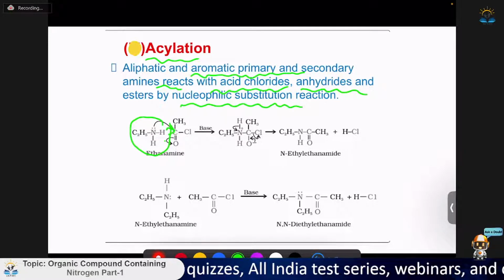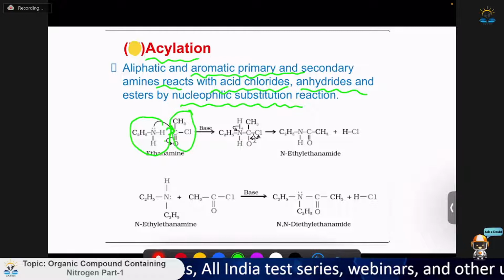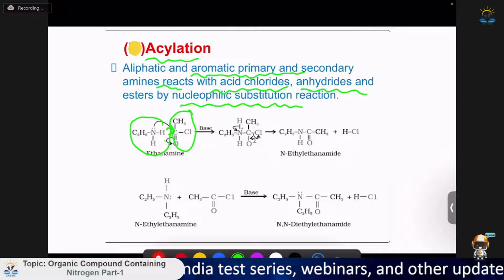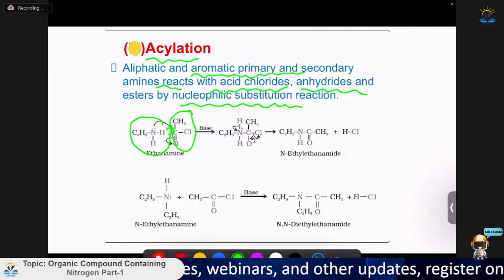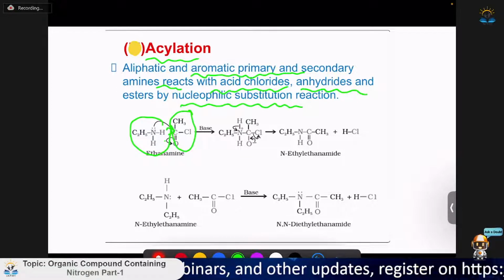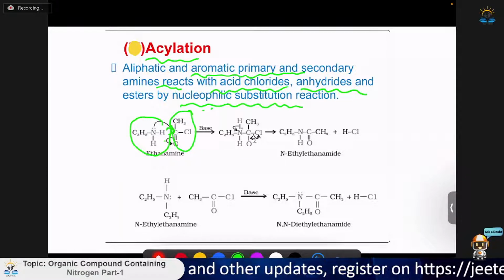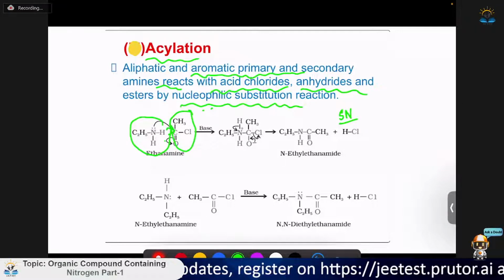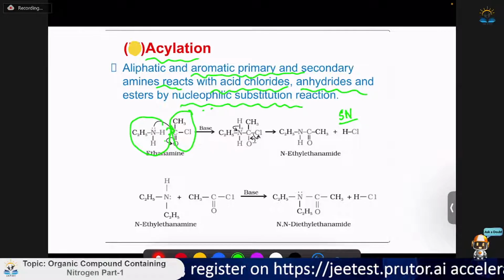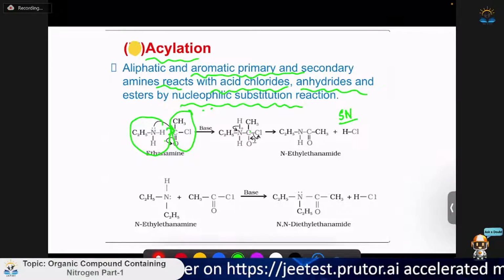So this is an acid chloride, and a primary amine is reacting with the acid chloride by nucleophilic substitution. So this lone pair of the amine is attacking here, and the double bond is going here.